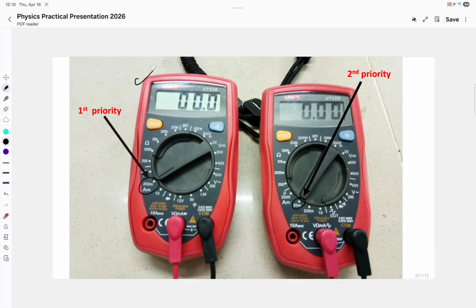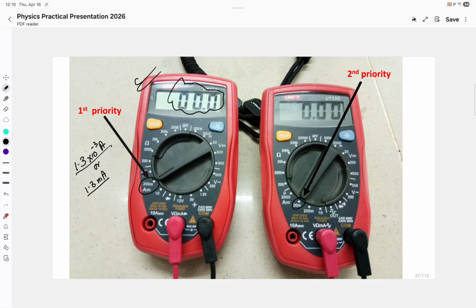This is the most recommended one, the first priority. It means every current measured from the screen with one decimal place, suppose I'm writing 1.3, it is actually, guys, 1.3 times 10 to the power minus 3 amps or 1.3 milliamps. It should be written in either of these ways, in scientific notation or with the milliamps idea.